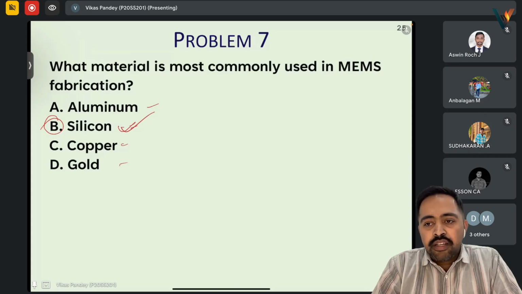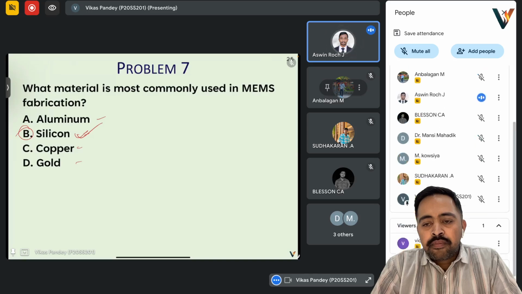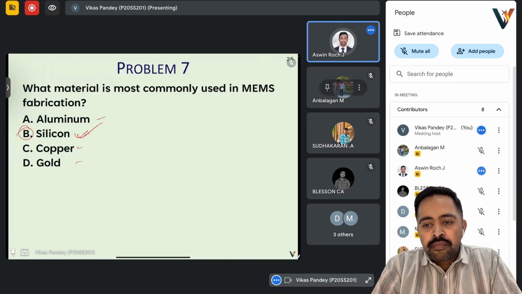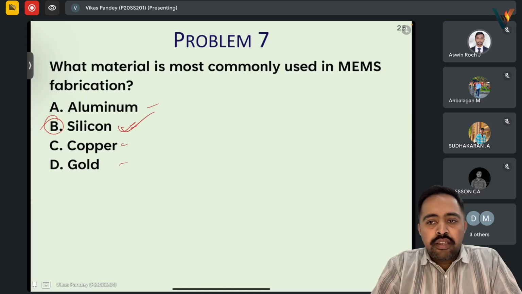Any other explanations? I think silicon is a pure semiconductor. Silicon and germanium. Any other?